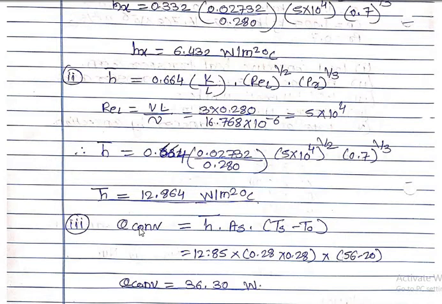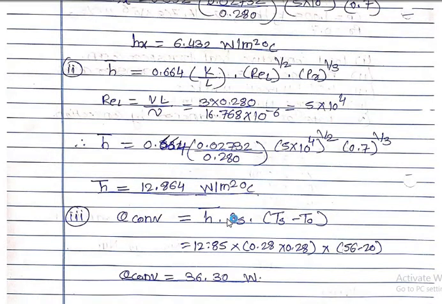Now we have to find the total heat transfer by convection. So Q convection is equal to h-bar, the average heat transfer coefficient, multiplied by the surface area, multiplied by (surface temperature minus fluid temperature). We calculated h-bar as 12.85, multiplied by 0.28 × 0.28, as only the width of the plate is provided, so we consider the length equal to the width.